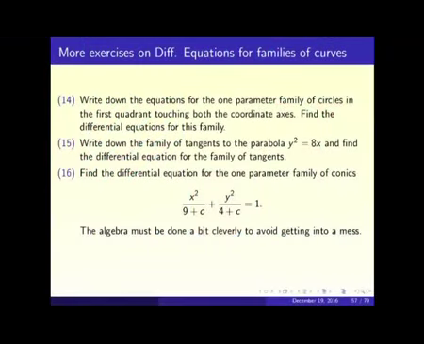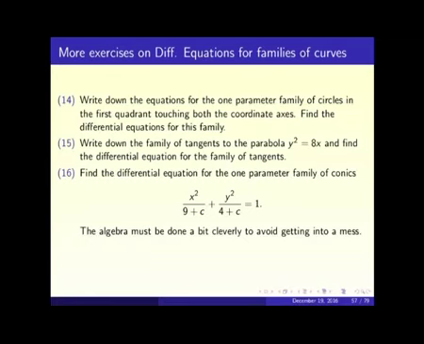Here t is a parameter which varies along the real line. For each point on the parabola, (at squared, 2at), a is 2 in this case. So you find the equation of the tangent at the point (at squared, 2at), and you get a one parameter family of lines parameterized by t, and find the differential equation for these lines.